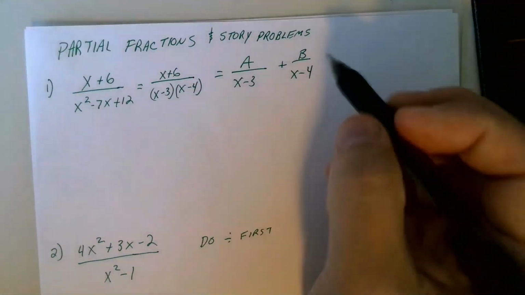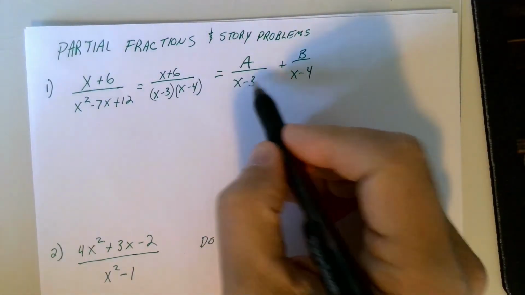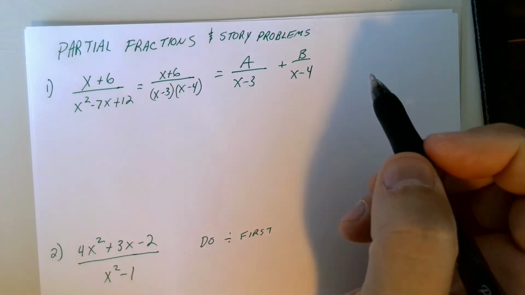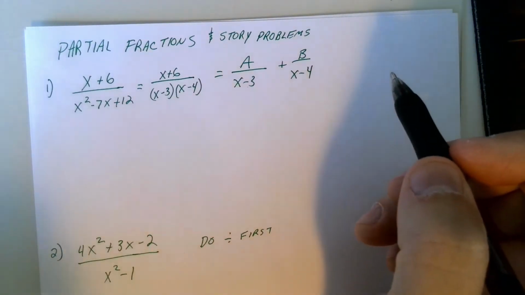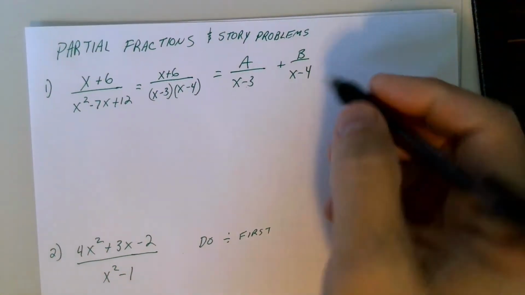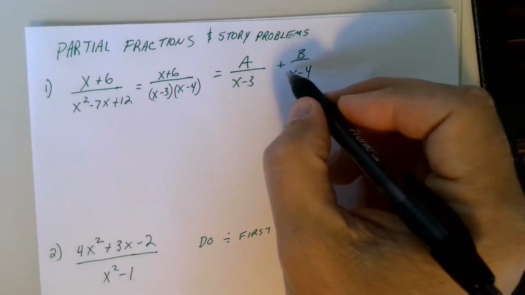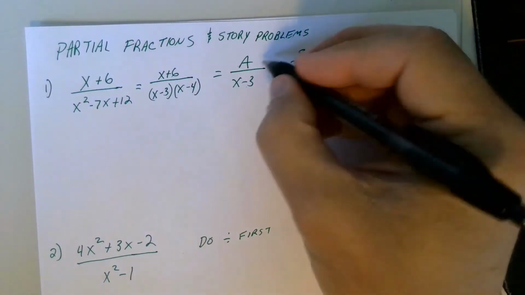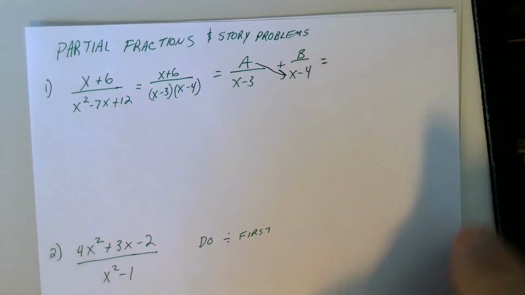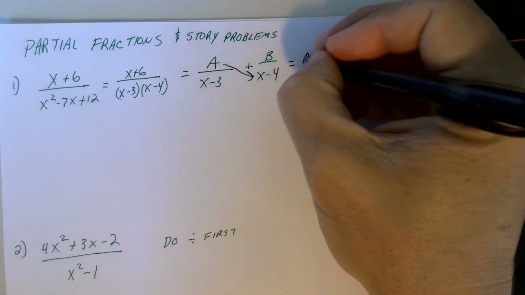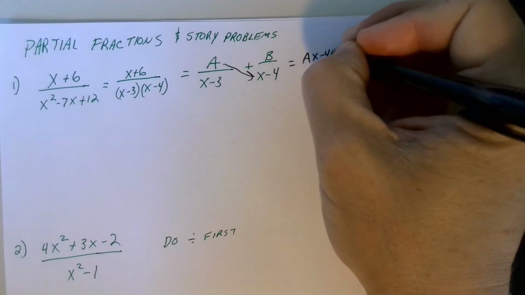Now, I hope you guys know that when we have fractions with different denominators, we can do that crisscross smiley face stuff that we've done a lot, especially when we were going through that trig stuff. So how does that work out? I'm going to go ahead and do that right now. If I do Chris right here, you'll see that I get ax minus 4a.